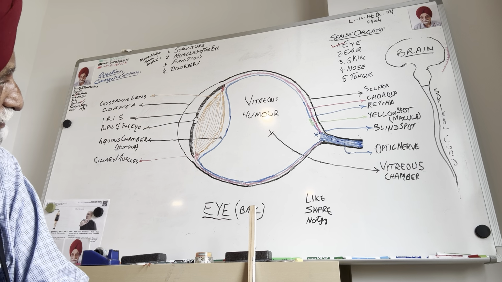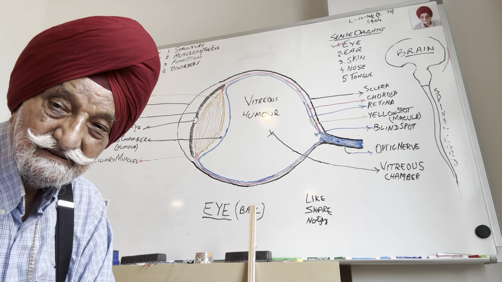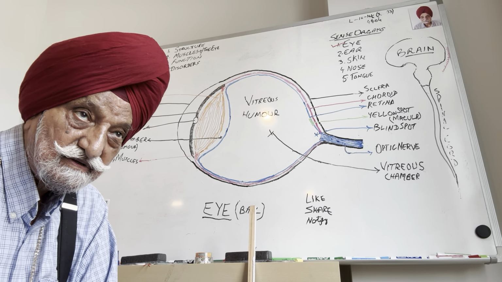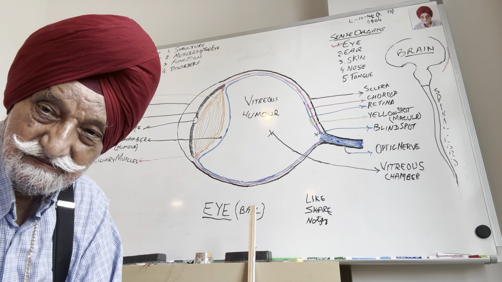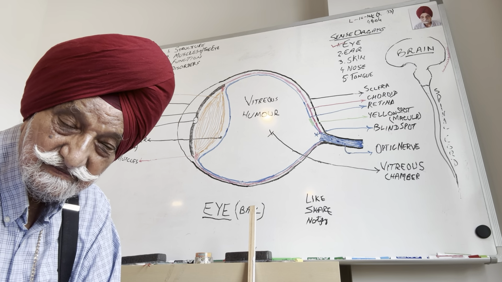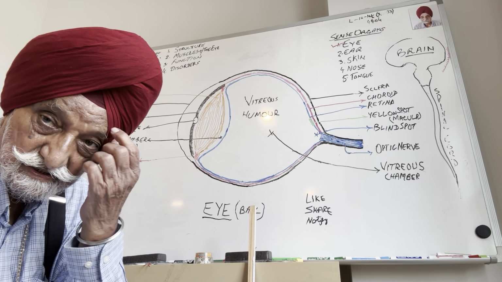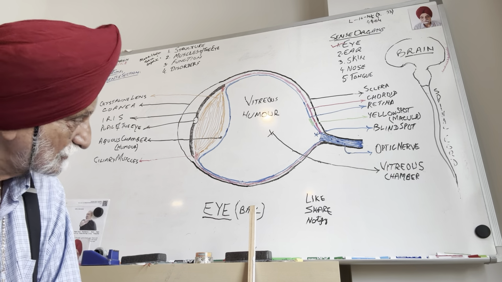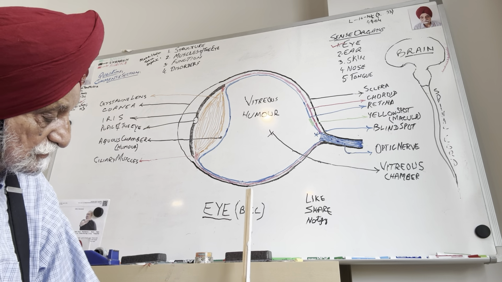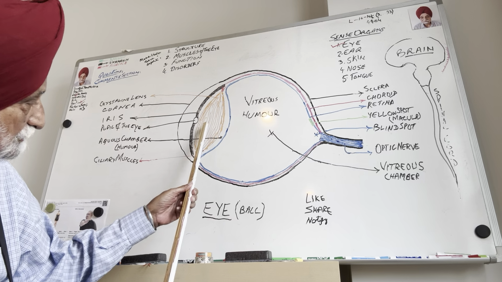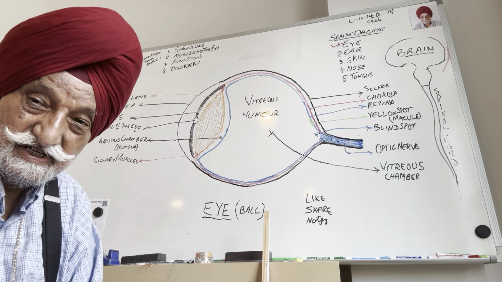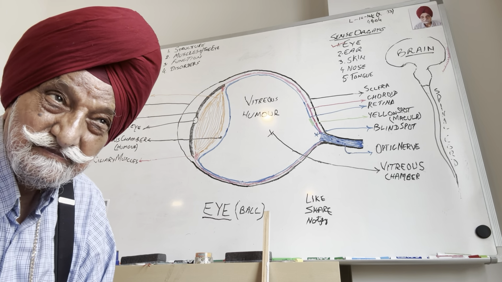Now, in addition to this, we have certain defects of the eye. The most common are particularly in old age people. There is a defect which is called cataract. In the cataract, what happens is that the protein present in the lens of the eye disintegrates and becomes cloudy.